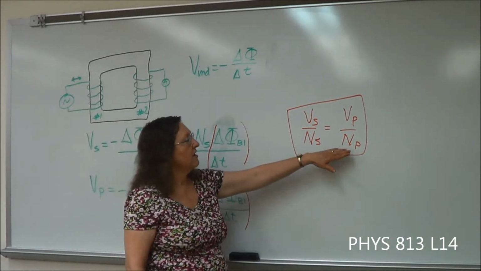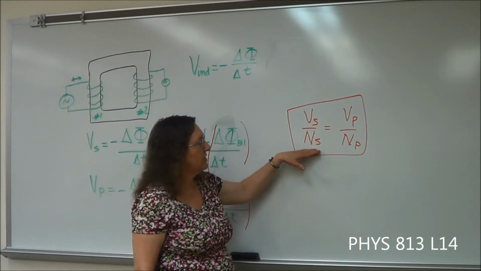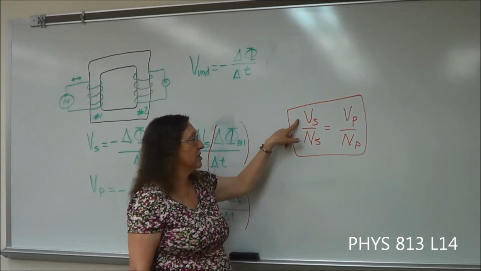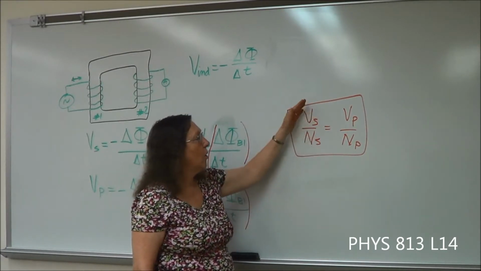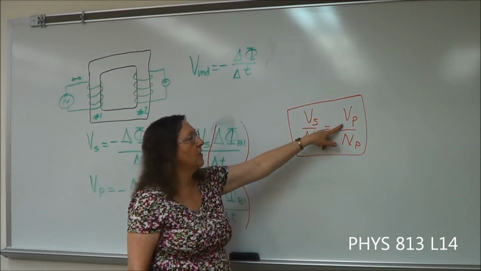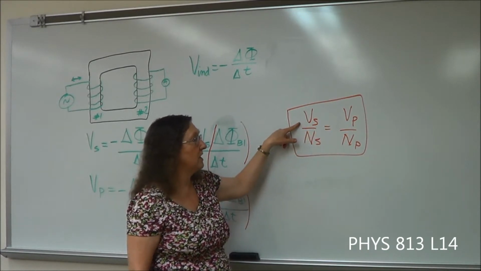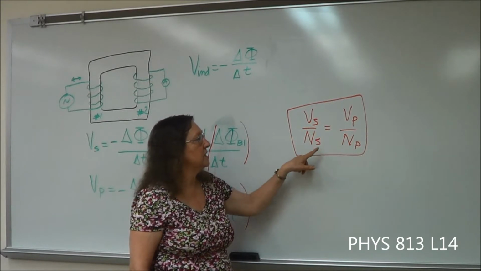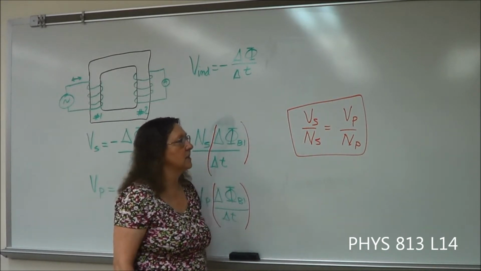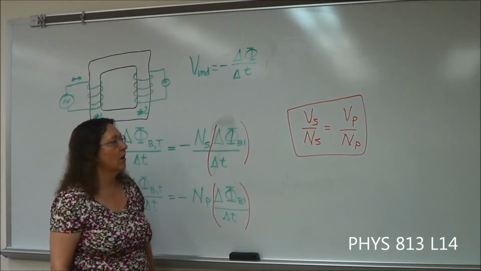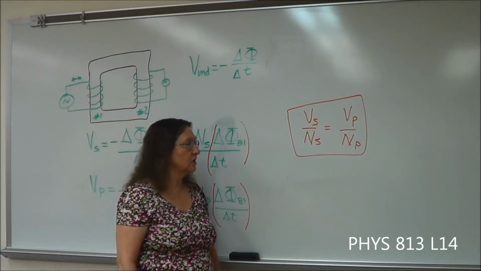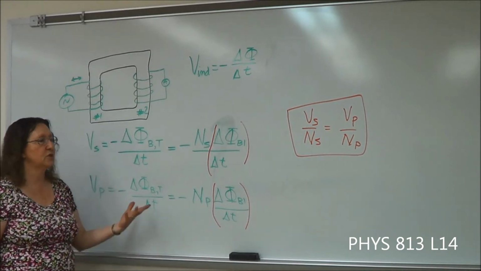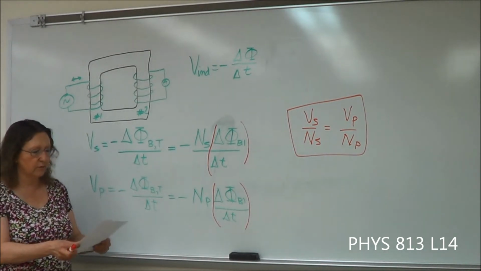If you know how many turns are on one side and maybe how many are on the other side, that tells you another voltage. Or you might know the primary voltage and what you need for a secondary, and you may know one or the other of these ends, and then you can calculate the other one. Basically, there are 4 quantities in that equation. You have one equation, so you can solve for one of the unknowns, but you have to have the other 3.